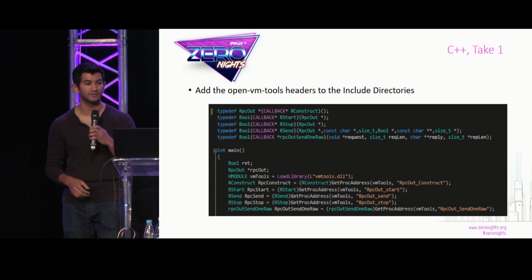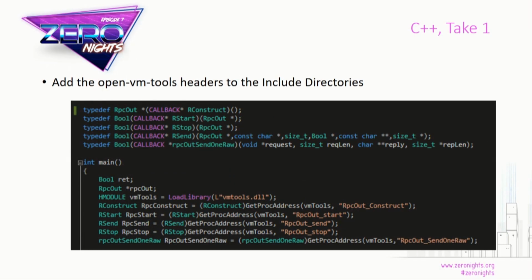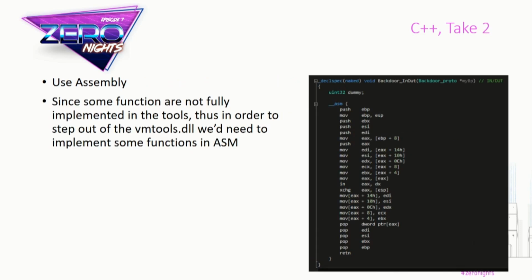So the first thing we attempted was basically just using OpenVM Tools, adding it to the include directories, and then just calling LoadLibrary on vmtools.dll, and then repeatedly calling GetProcAddress on the various functions we need, which kind of works, but as I mentioned, there's some functions in VM Tools that aren't available through OpenVM Tools. In order to get those, we end up having to use raw assembly, which does work, but it's just kind of an extra pain, and if we're having to implement raw assembly, why not do something else entirely?